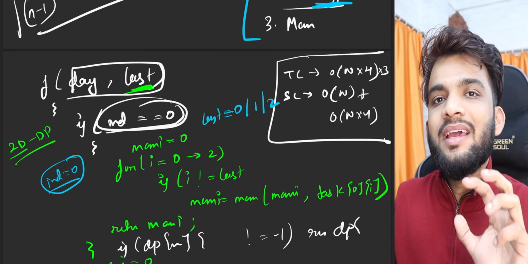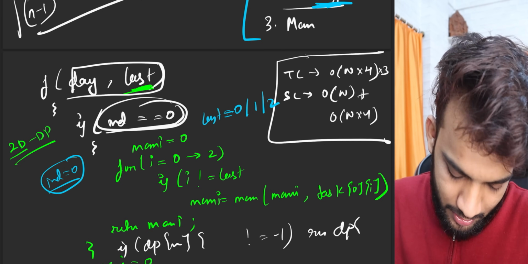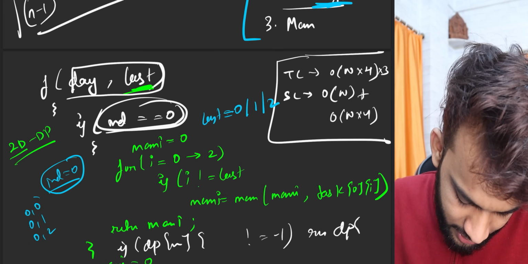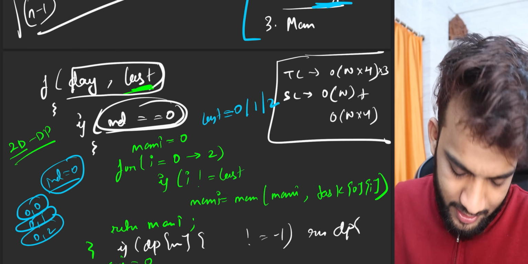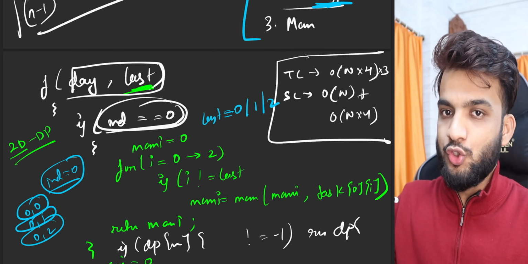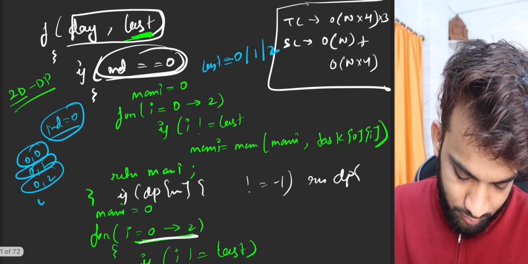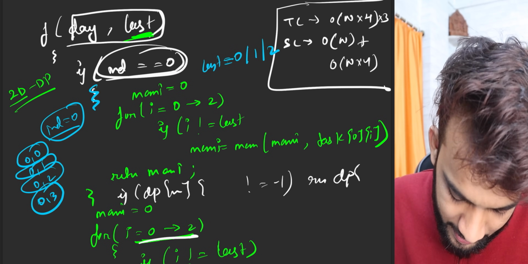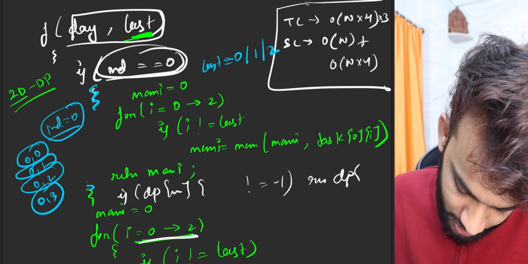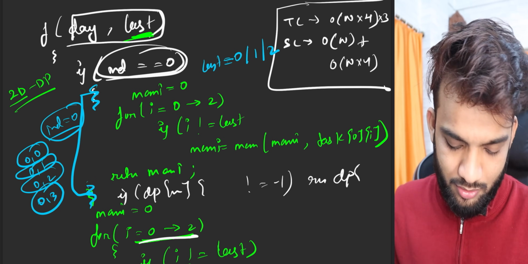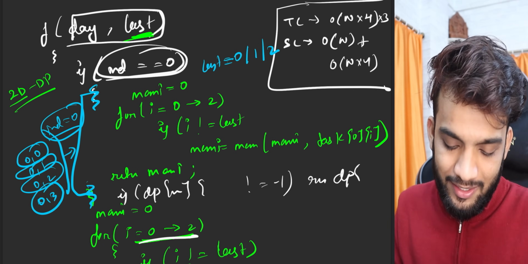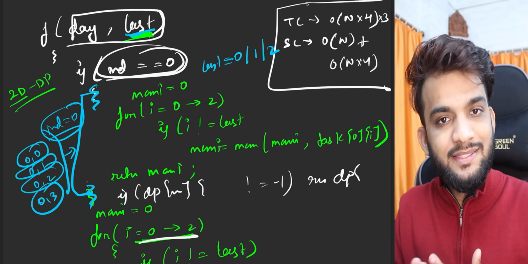So I can say there are base cases like 0 comma 0, 0 comma 1, 0 comma 2, or 0 comma 3 rather. In all of these recursion calls, do you agree that this particular base case will be executed? You agree, right? Because if index is 0, no matter what the value of last is, it will be executed.